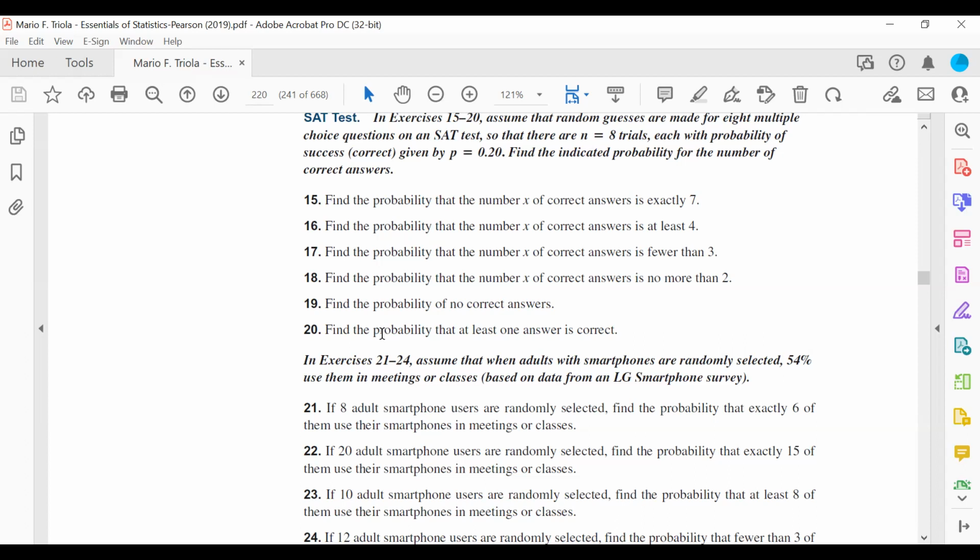You have to write the description of what they're asking us to find. So I need to find the probability P of fewer than 3.